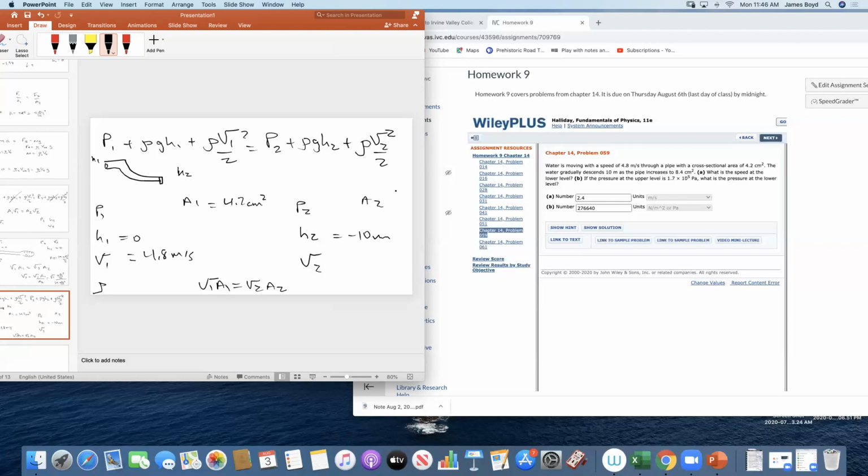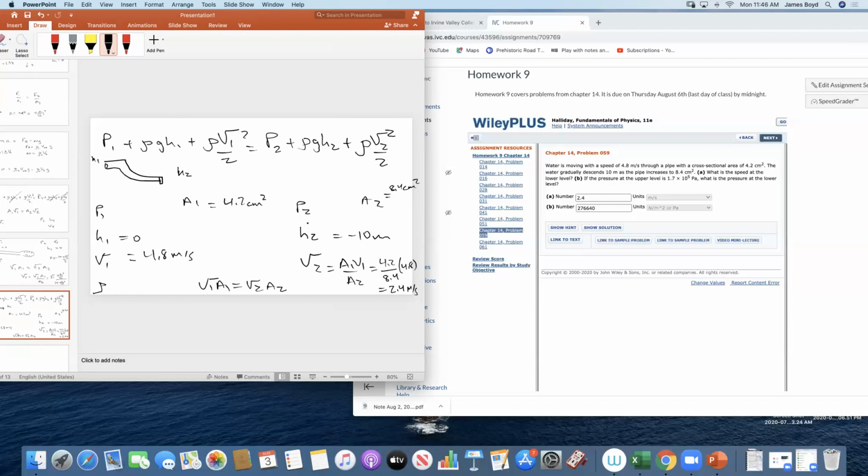And then A2 is 8.4 centimeters squared. Now V2, which is the first thing that they want us to find, is A1 V1 over A2. And you can see that that's going to be 4.2, sorry, not squared, over 8.4 times 4.8. So half of this. And so I know this is 2.4 meters per second.